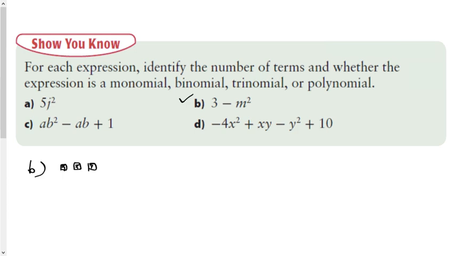And a minus m squared will be this m squared tile not shaded in. How many terms do we have? 2. So this would be called a binomial. We have a constant of 3, and an algebraic term of negative m squared.